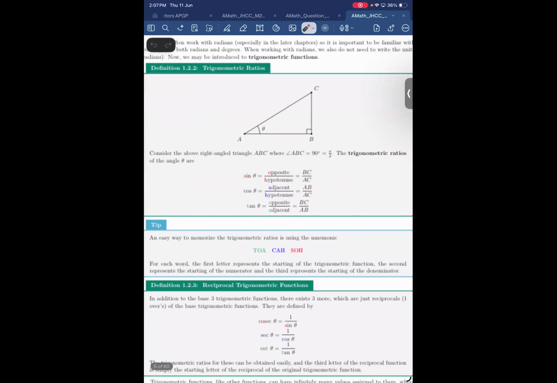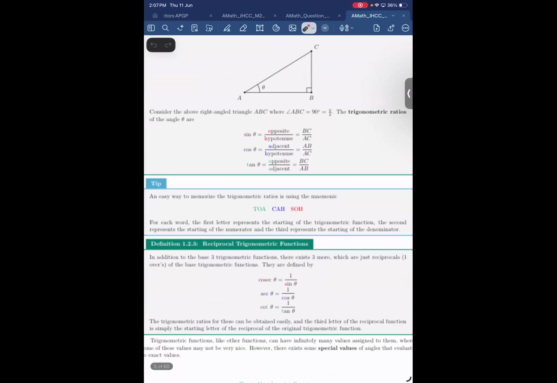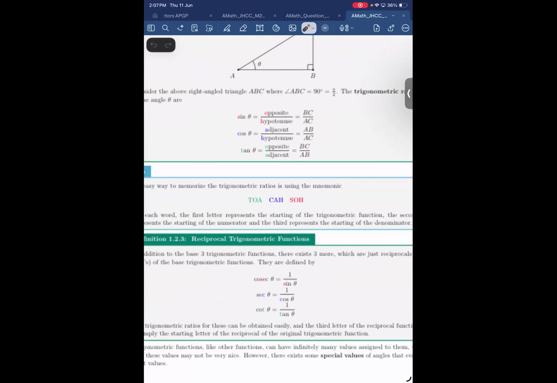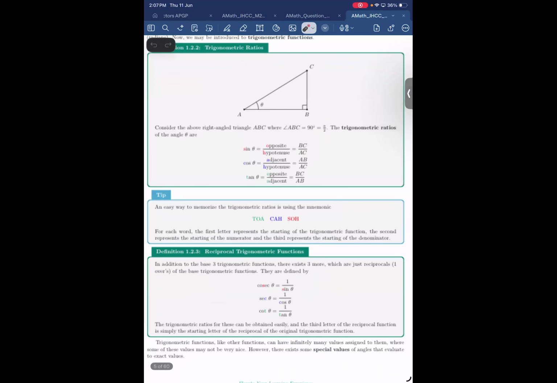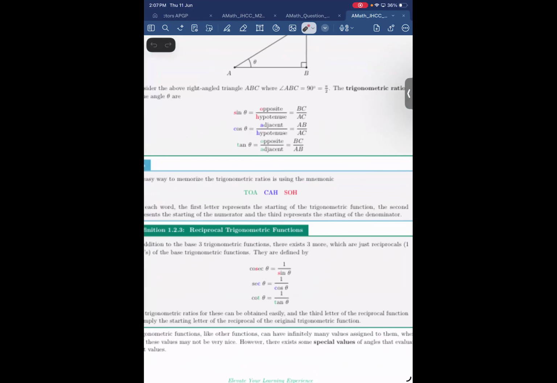But in AMath, we introduce these three new guys, the so-called reciprocal trigo functions. Reciprocal just means one over something. So we see the corresponding reciprocal functions. The first normal function we learn is sine. So one over sine is called cosecant. For cosine, 1 over cosine is secant. And for tangent, 1 over tangent is cotangent.